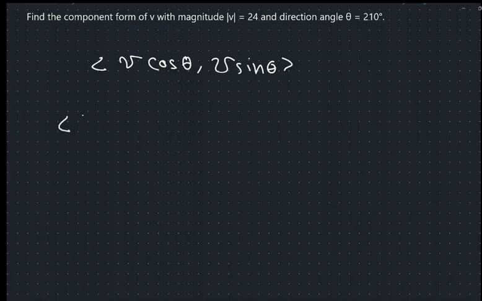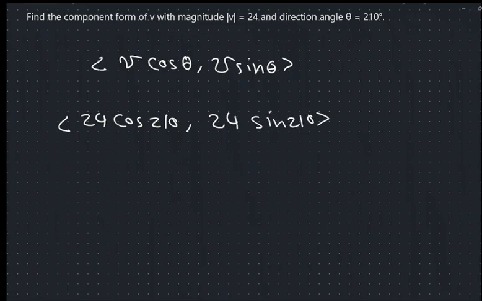So v is equal to 24, and then we have cosine 210, and in the other case we will have 24 sine 210. 24 cosine 210 is the same as 24 cosine negative 30, and it is equal to, if I'm not mistaken, 12 times root 3, and here we will have negative 12. Sorry, this is also negative. And this is our answer.